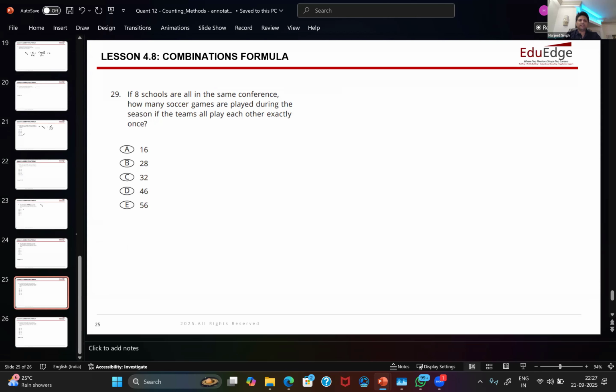Another one. If 8 schools are all in same conference, how many soccer games are played during the season, if the teams all play each other exactly once? Which means team 1 is going to play team number 2 all the way till team number 8 only once.